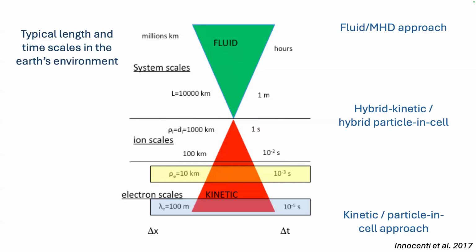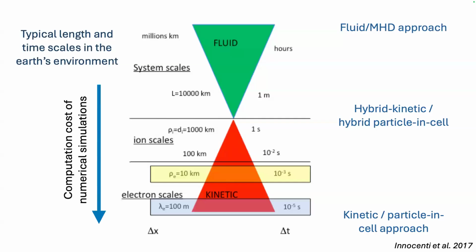You don't have to do all this electron physics. But you can ask, we should all just do everything up to here and we will have all the physics always, all the time. We can't do that because it's extremely expensive to do kinetic methods for these length and time scales that we are interested in. So yeah.